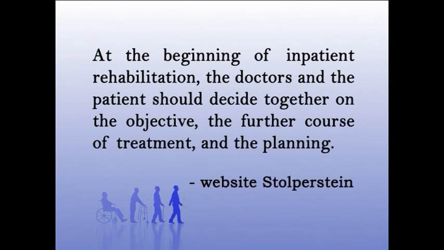mainstream of community life. The objectives are described by the website Stolperstein on amputation rehabilitation, which holds the view that at the beginning of inpatient rehabilitation, the doctor and the patient should decide together on the objective, the further course of treatment and the planning.